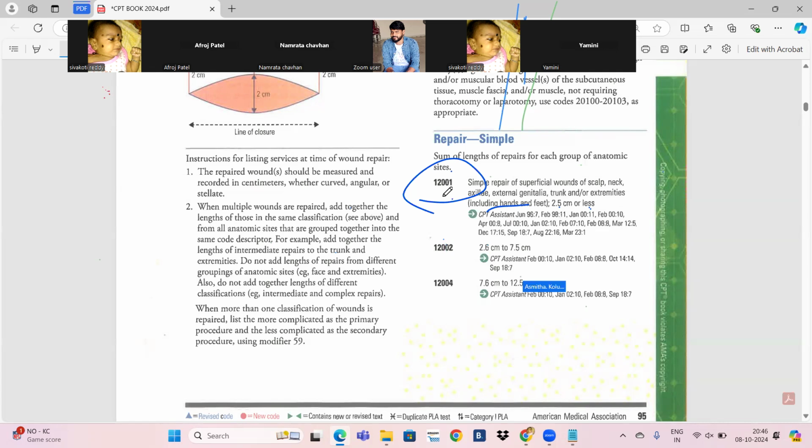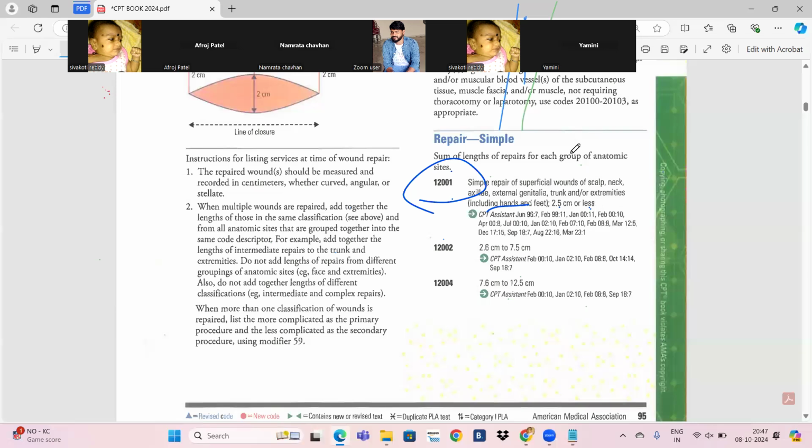Read the description of 12001. Simple repair of superficial wounds of scalp, neck, axilla, external genitalia, trunk or extremities, including hands and feet, 2.5 centimeter or less.